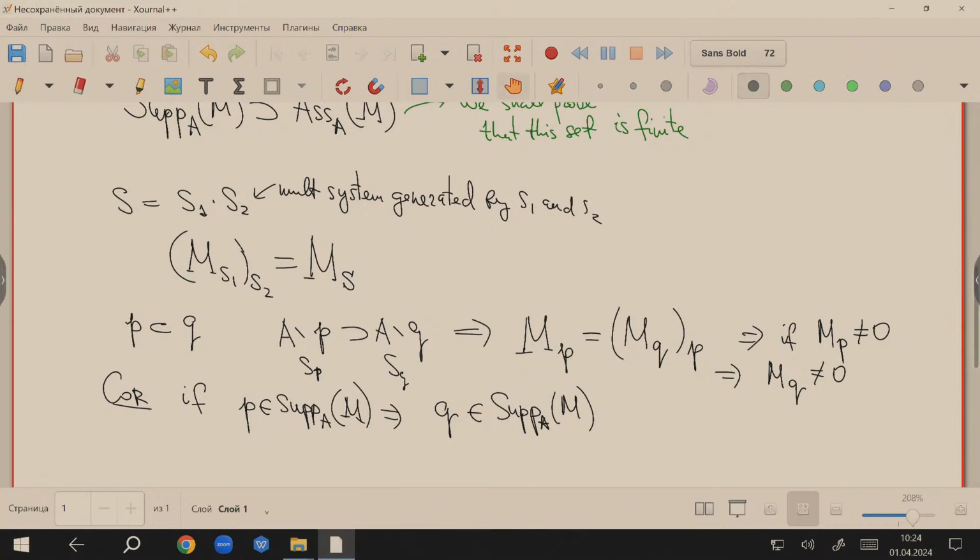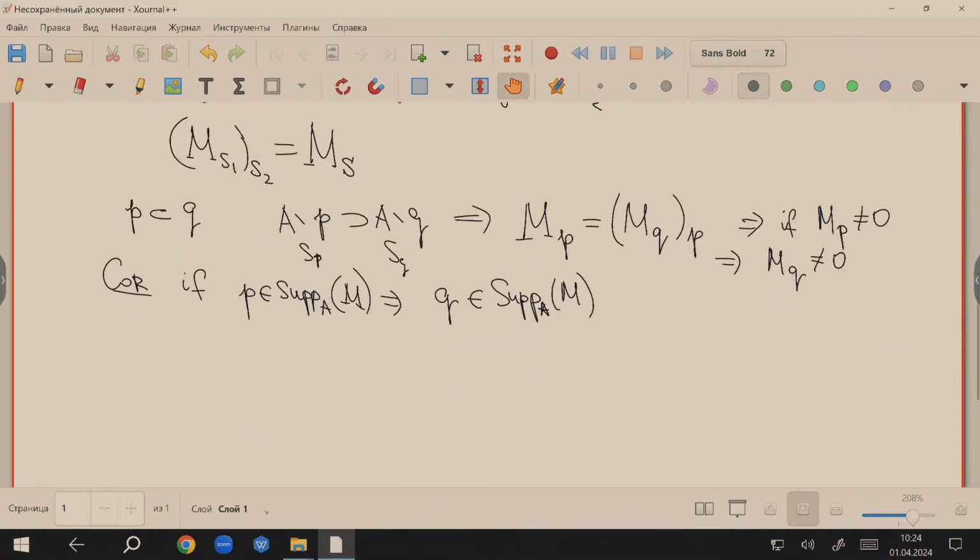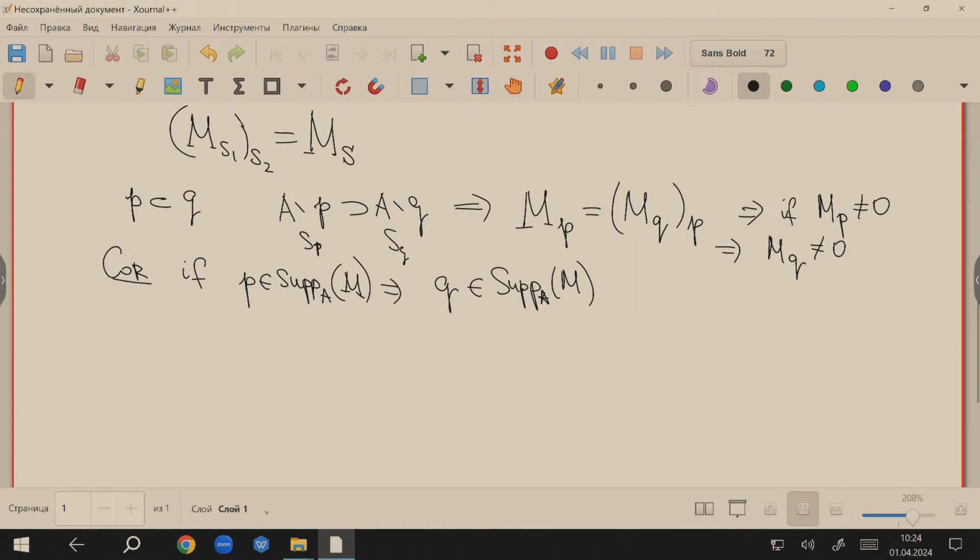One should give a geometric example to illustrate the difference between associated primes and the elements of the support. So you can take k[x,y], the plane, and take it modulo x, so this will be M, and A will be, of course, the full polynomial ring in two variables.